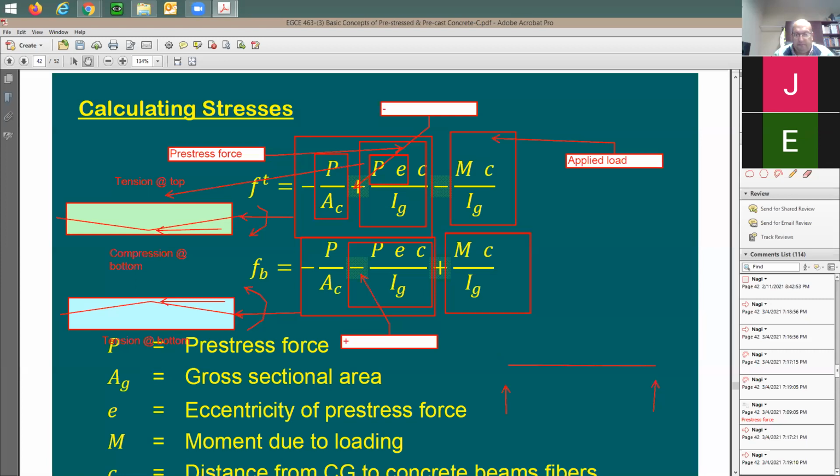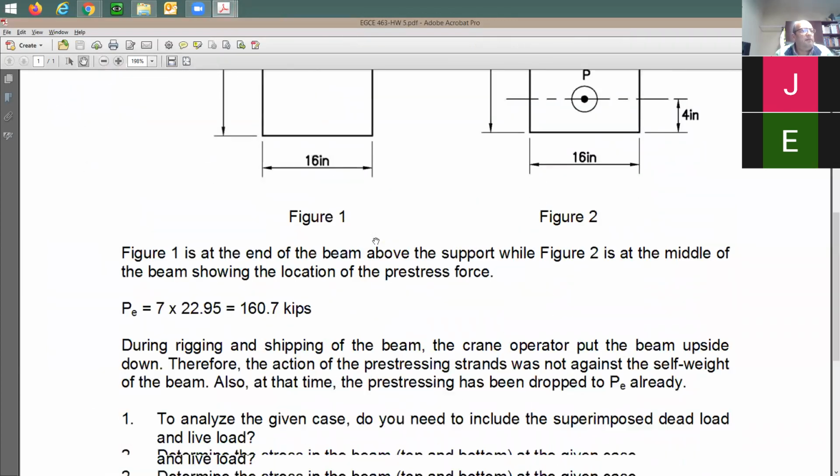Professor, we use PI, right? Not PE. Let me check. Let me see what the problem says. Because it depends on the given information, right? The problem says here, during rigging and shipping of the beam.